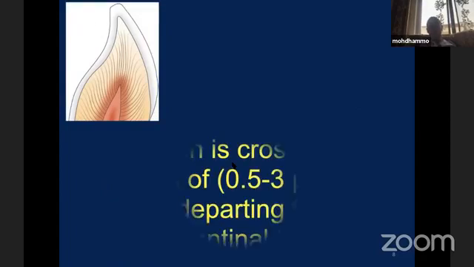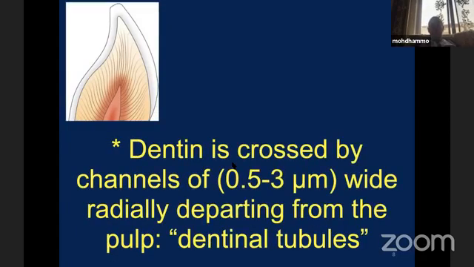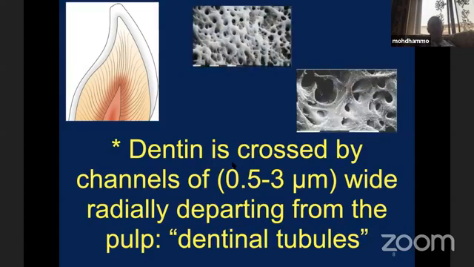Here is the dentine, and it is crossed by channels 0.5 to 3 micron in width, radiating from the pulp. Those channels are called dentinal tubules. And if we go from the coronal part to the apical part, the width of the dentinal tubules becomes bigger.